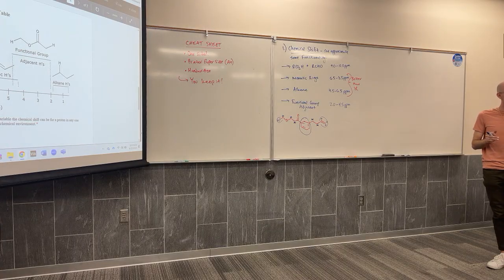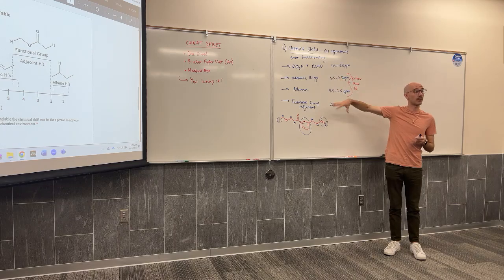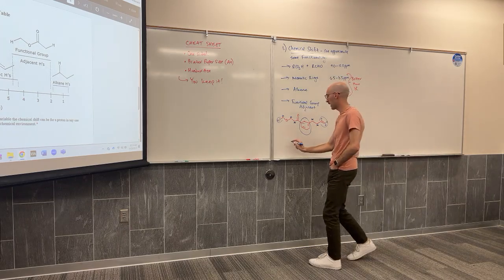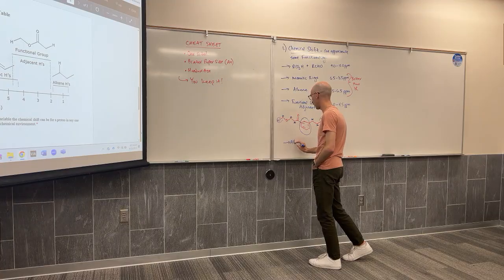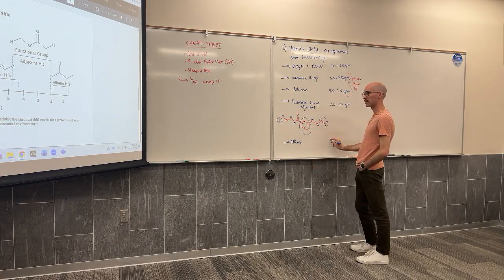Okay, so we get this idea that what chemical environment your hydrogen is in dictates its signal. The last one being, if it's mostly just alkane, it's going to show up in this low frequency range, like 0.5 to 2 ppm.